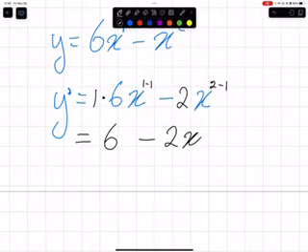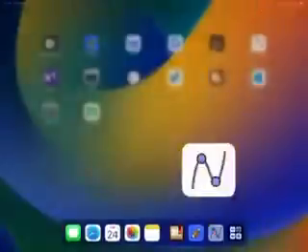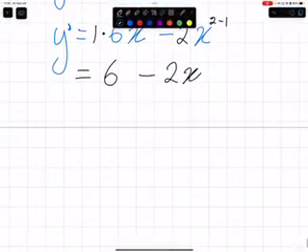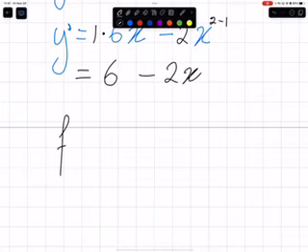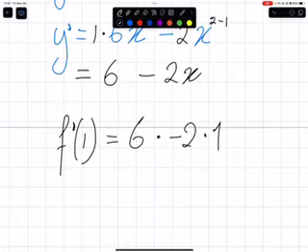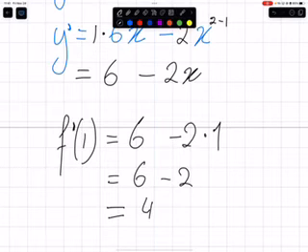They would like to know the gradient at x is 1. So what is your answer when f prime at 1 is 6 minus 2? The tangent gradient is 4.